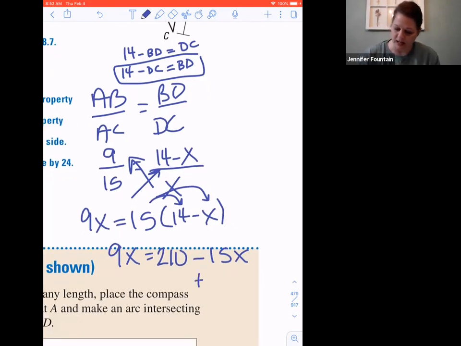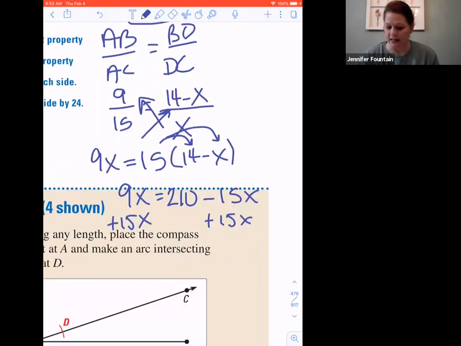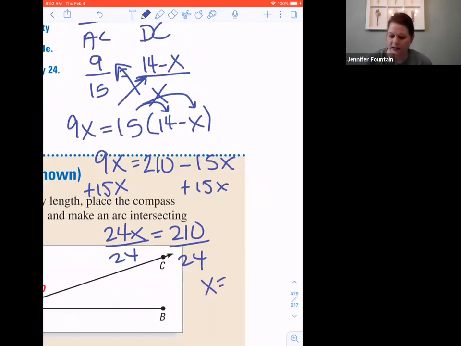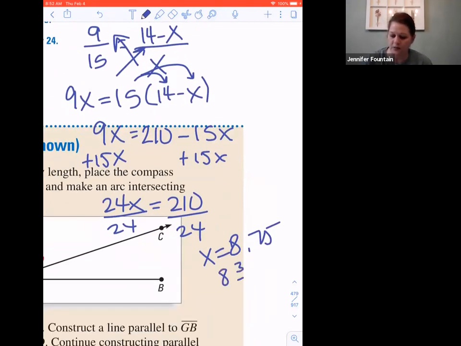Then I add 15X to both sides. 9X plus 15X is 24X, equal to 210. Divide by 24, divide by 24, and I end up with X is equal to 8.75, or you could have that as 8 3/4, up to you.